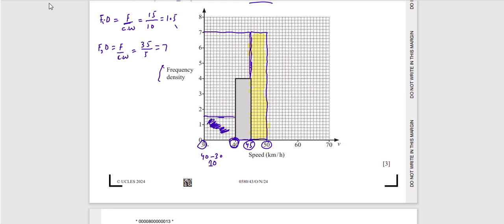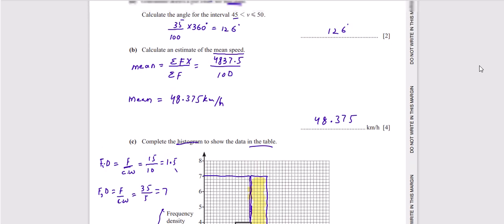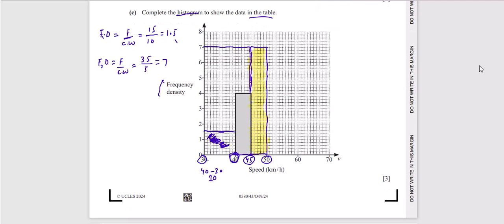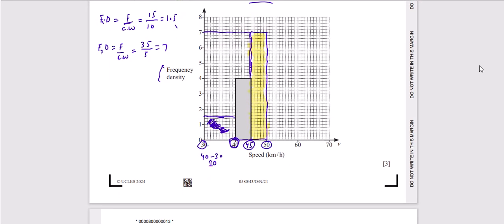And now the fourth and final interval is 50 to 70. Write the formula.